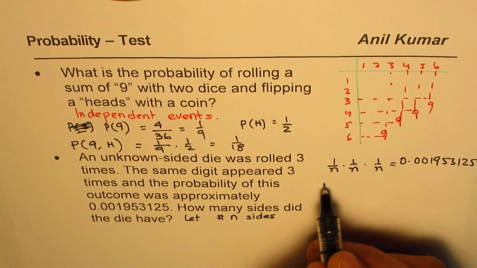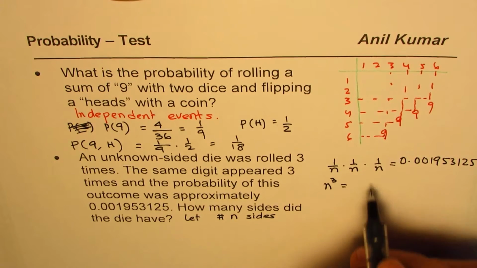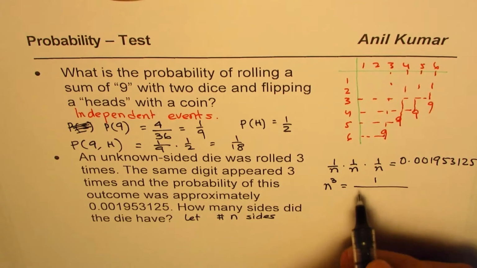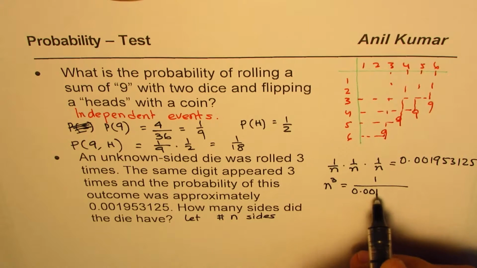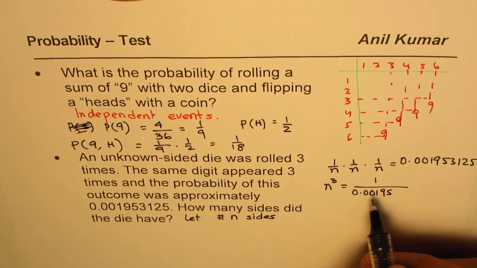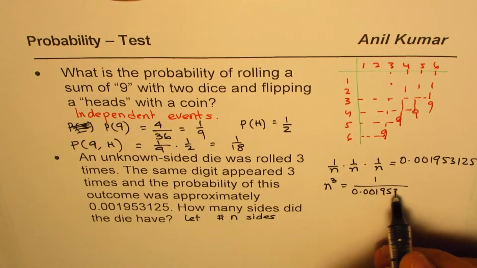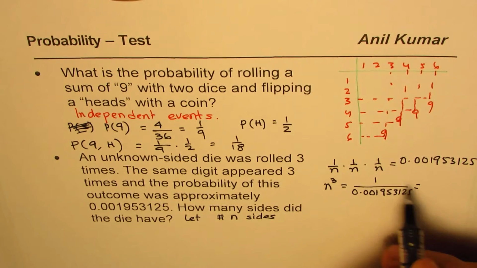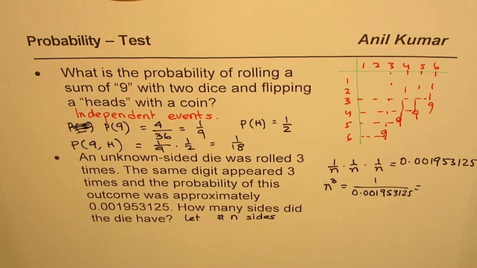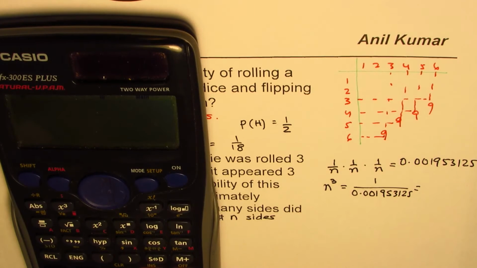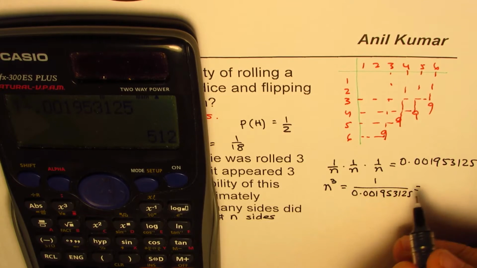So we can write that n cubed is equal to 1 over 0.001953125. Let me see what this number is, and then we'll do the cube root and find the answer. So we have 1 divided by 0.001953125 equals 512, right?